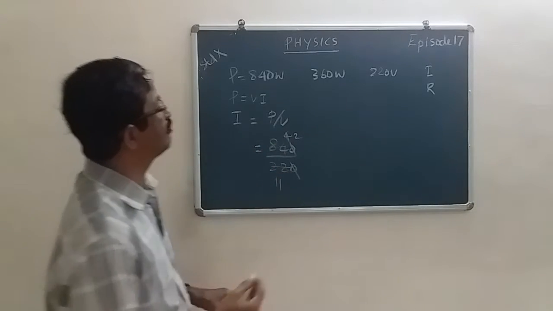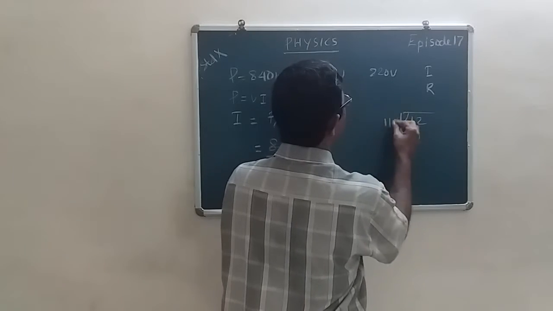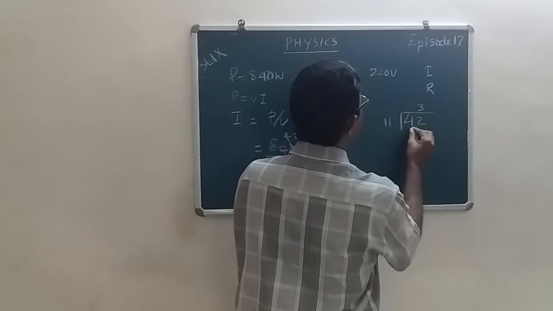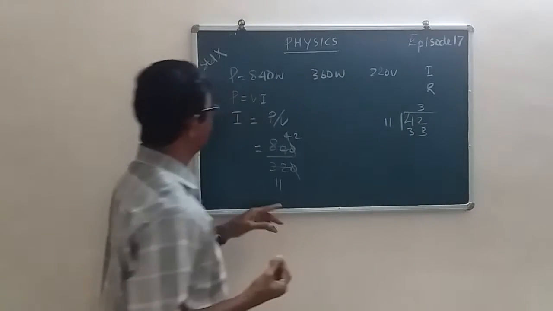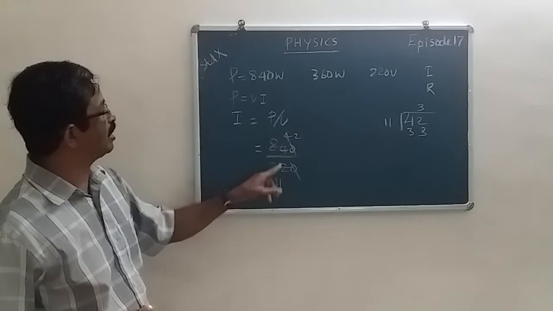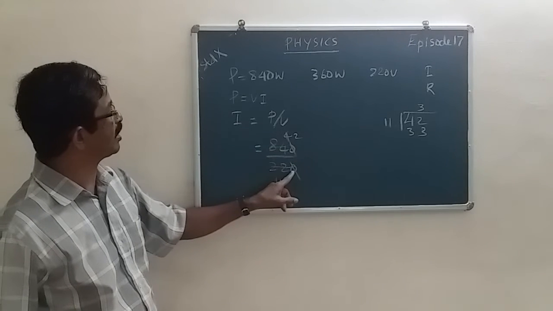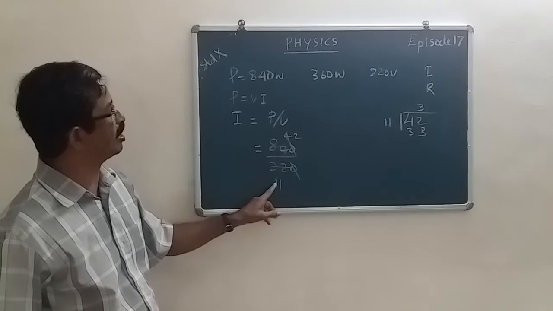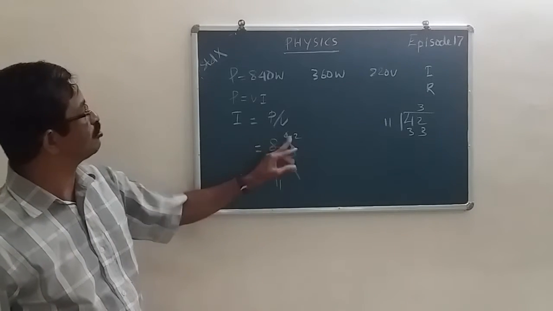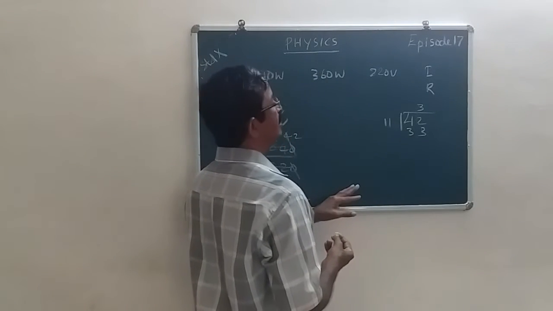Now 42 divided by 11, how many times? That is 3 times, 33.